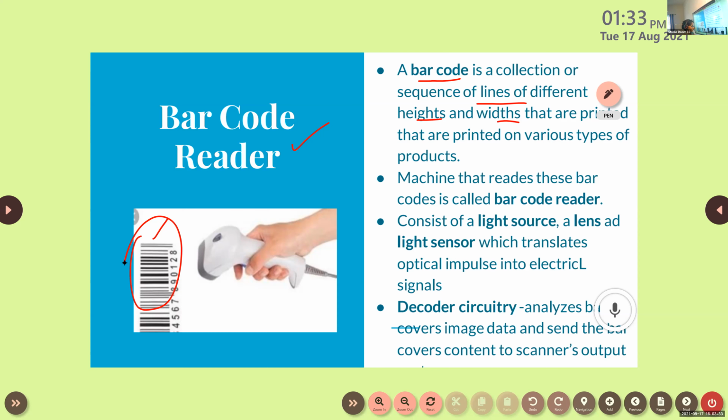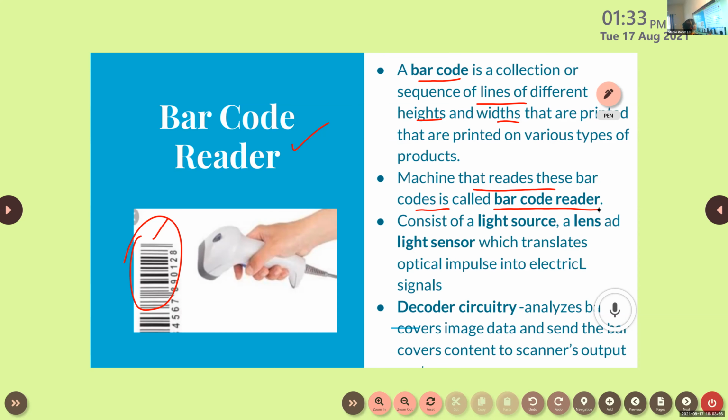Yes, ma'am. So the machine that reads these barcodes is known as barcode reader. Basically, you have to define what is barcode, and after that, you have to describe barcode reader. The device which is used for reading the barcode is known as barcode reader.